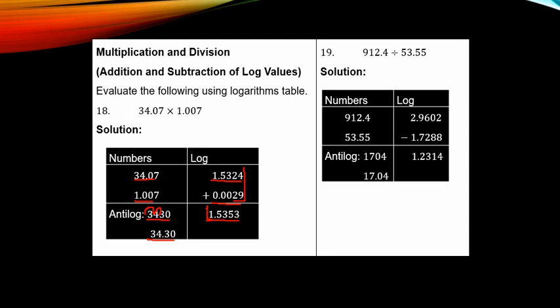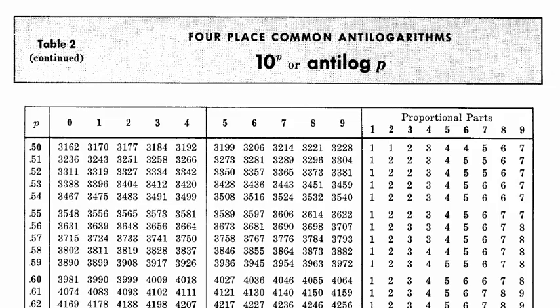So let's see how we got 3430 from the anti-logarithm table. So this is the anti-logarithm table. The number we have is 1.5353, and we are interested in the decimal part, that is 0.53. That is the first two digits. 0.53 under 3 is this.